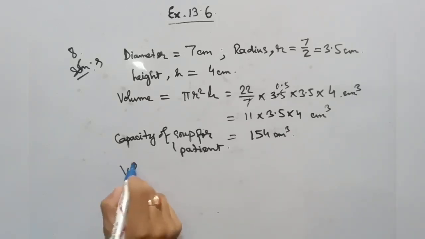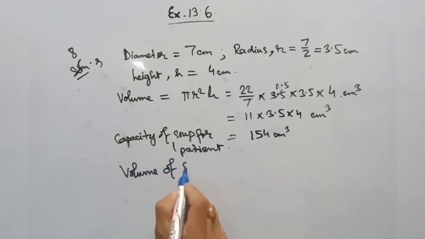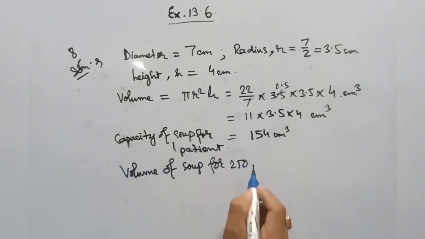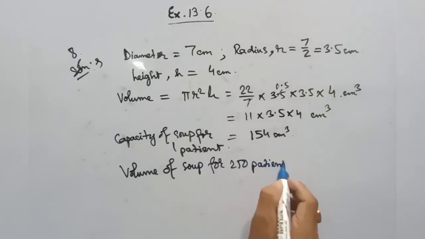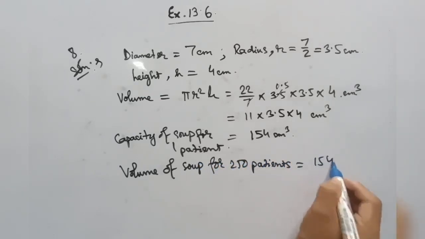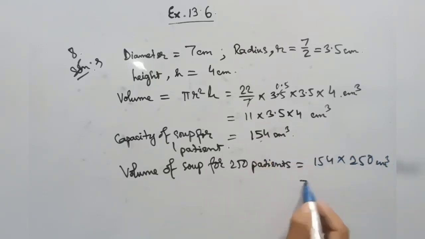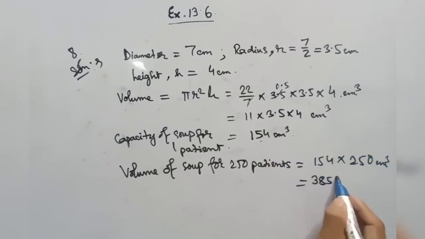So volume of soup for 250 patients is equal to 154 multiplied by 250 centimeter cube. This is equal to 38,500 centimeter cube. So the hospital has to prepare a quantity of 38,500 centimeter cube of soup.